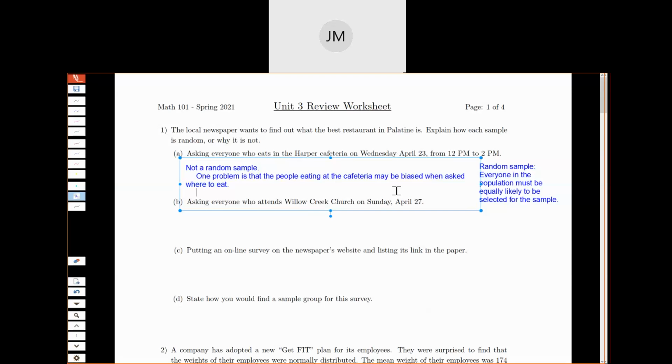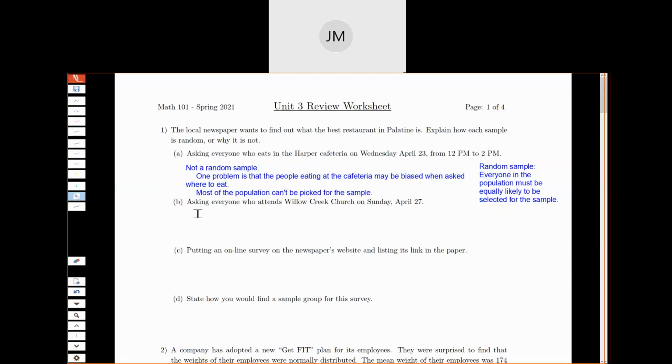Okay, so. And when I say can't be picked for the sample, I'm not saying that we would get most of the population. I'm saying they don't even have a chance.